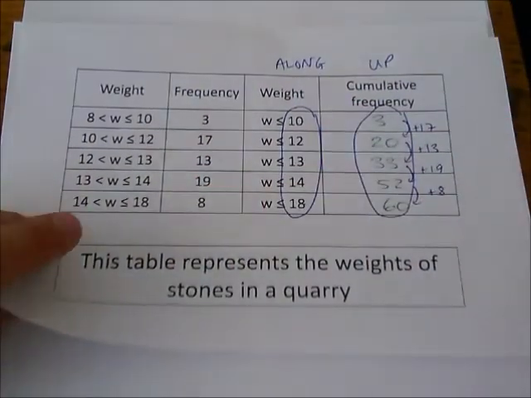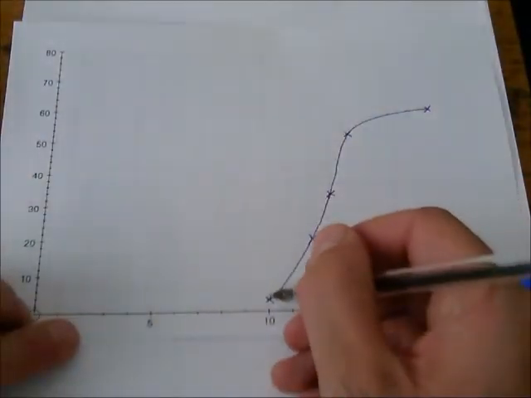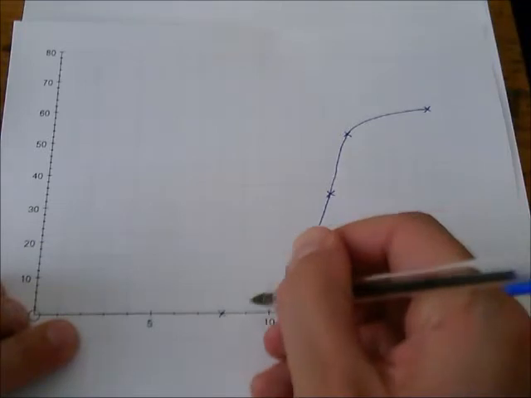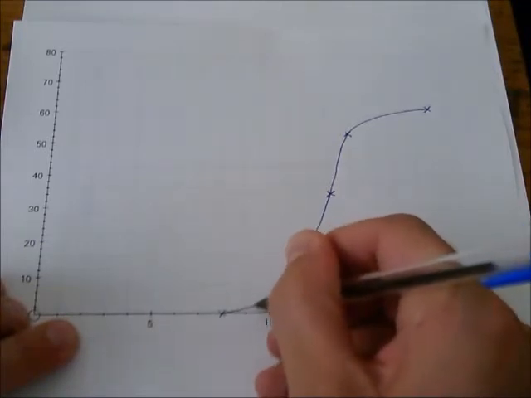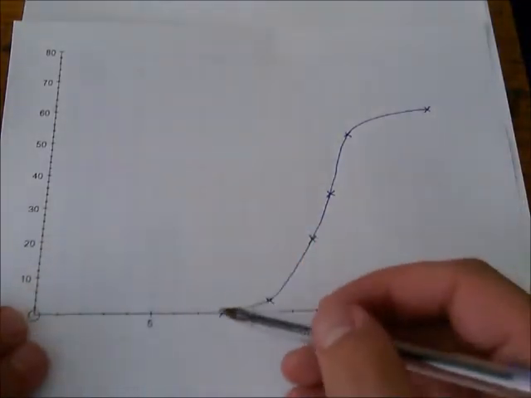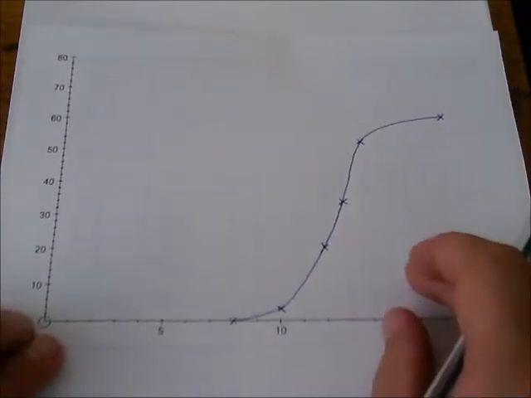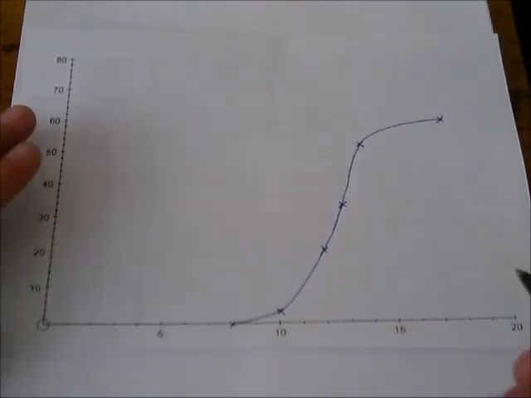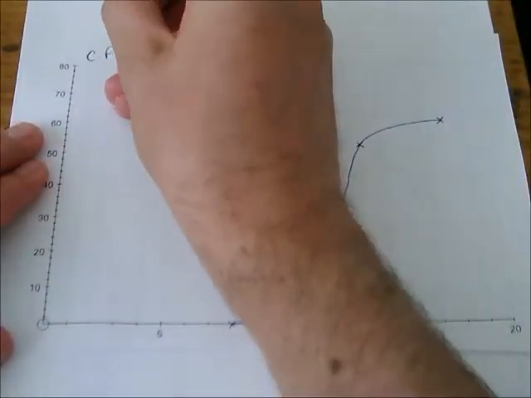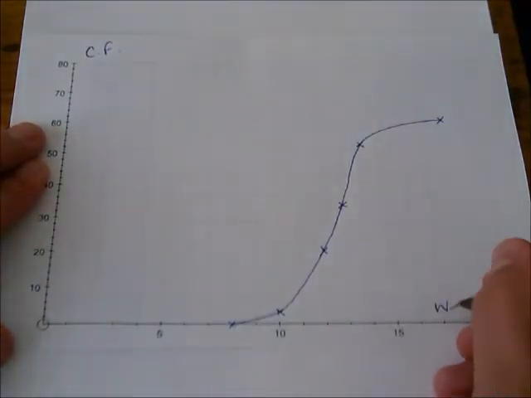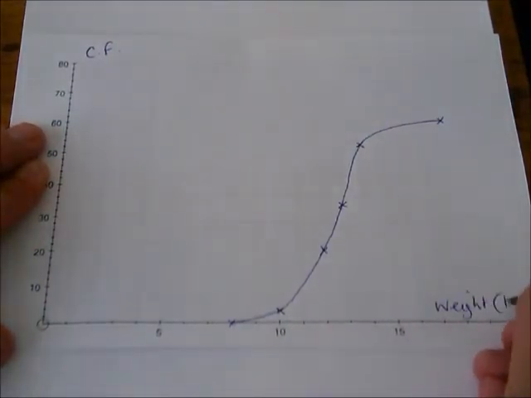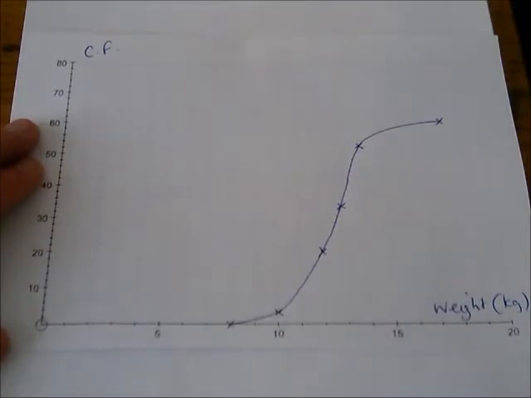And the answer is none. There are none on the table. So if you want to bring your curve down to anywhere, it should come down to 0 at the 8 point. And that's a cumulative frequency curve. And we just need to label the sides, so cumulative frequency, and this was the weight in kilograms of some stones in the quarry, and it's done.